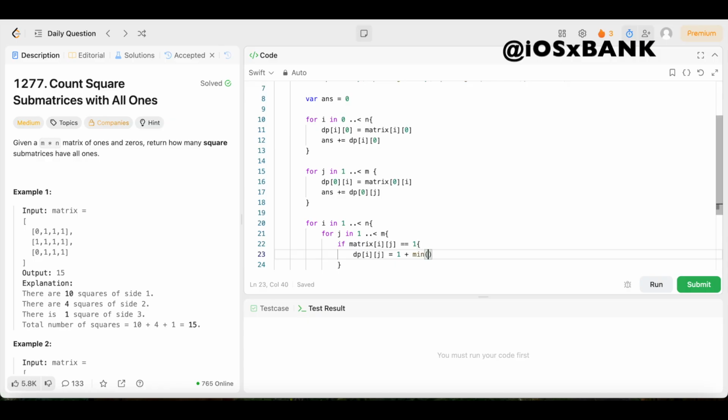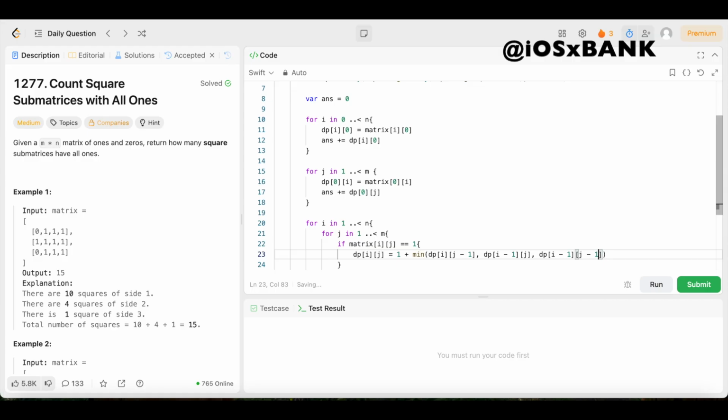So 1 + min, open up the parentheses, dp[i][j-1], comma, dp[i-1][j], comma, dp[i-1][j-1].